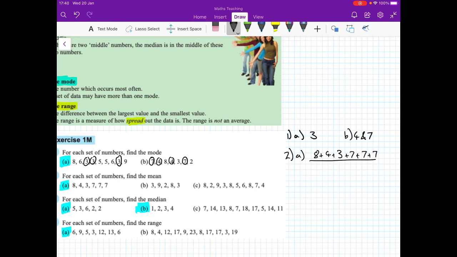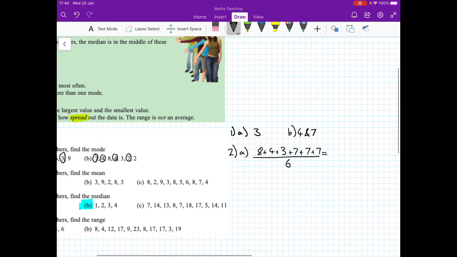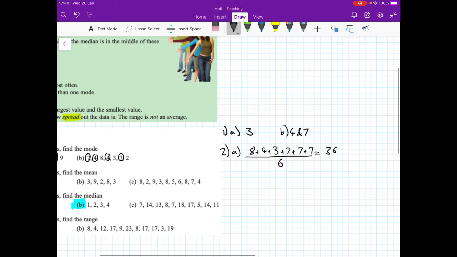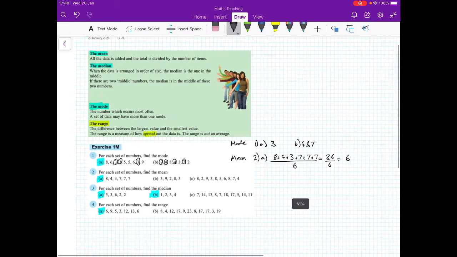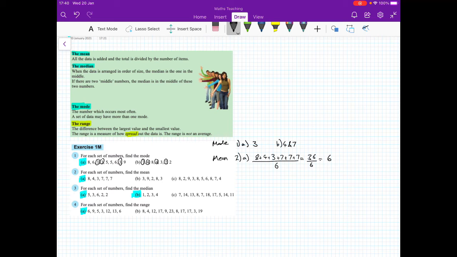Well, there are 1, 2, 3, 4, 5, 6 numbers. If you work out what that is, it becomes 36 on the top, divided by 6, and so the answer is 6. So remember, these first two are the mode, this one is the mean. For the mean, we add them all together and divide by how many there are.